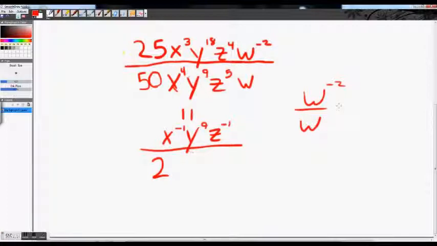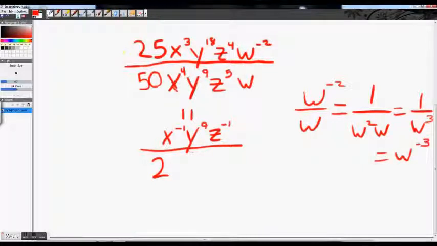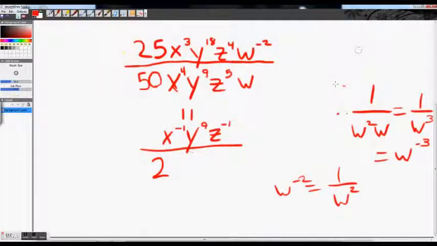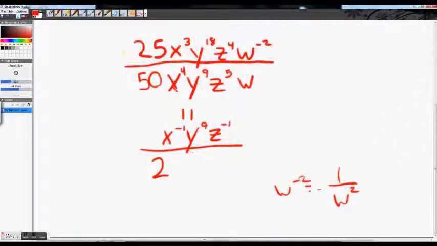A couple of interesting ways to look at this. We could do negative 2 minus 1 and get w to the negative third. We can also look at it as 1 over w squared times w, which is 1 over w cubed, or w to the negative third, because remember, we can write w to the negative second as 1 over w squared, and you multiply by the w already down there. So we have w to the negative third.